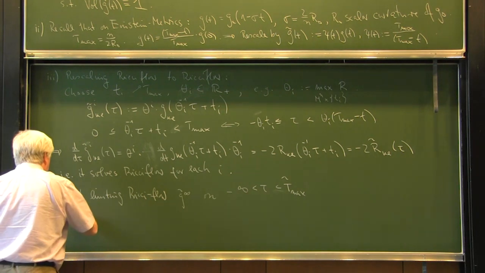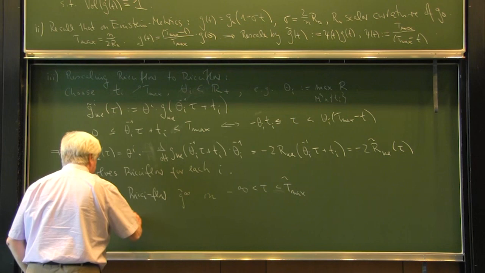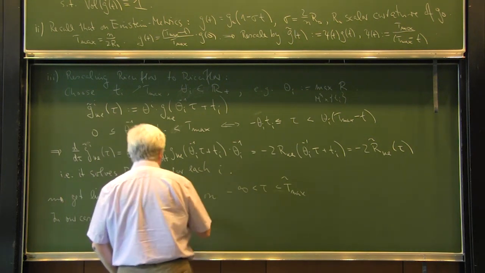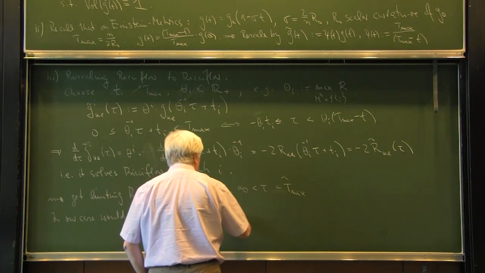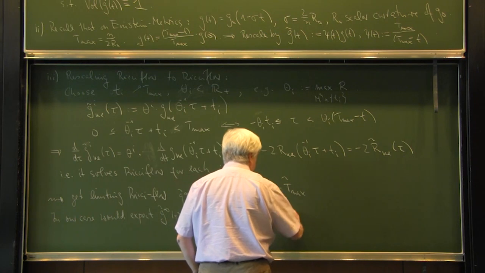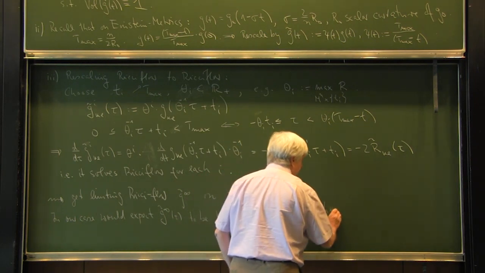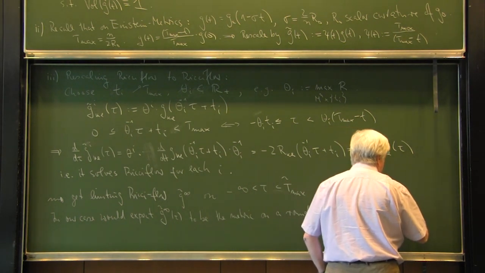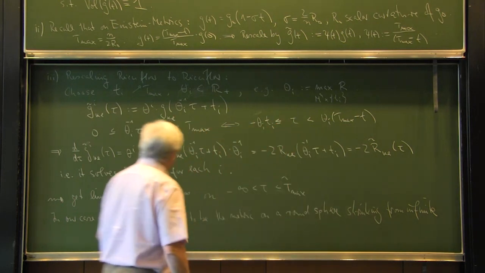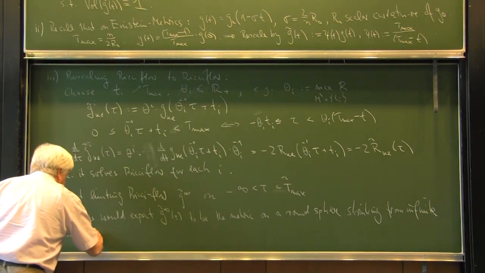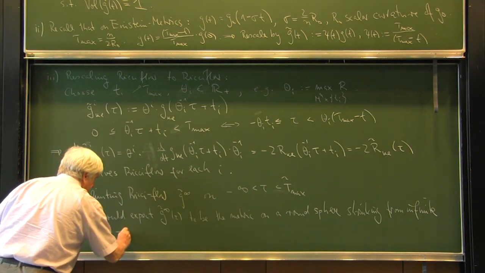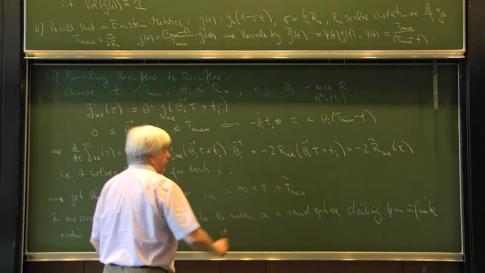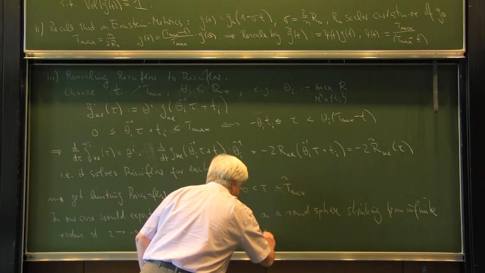In our case, we would expect G tilde infinity of tau to be the metric on a round sphere shrinking from infinite radius at tau tending to minus infinity to radius 0 at T tilde max, which in that case would be fine.